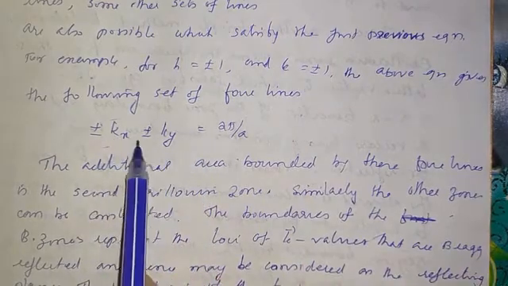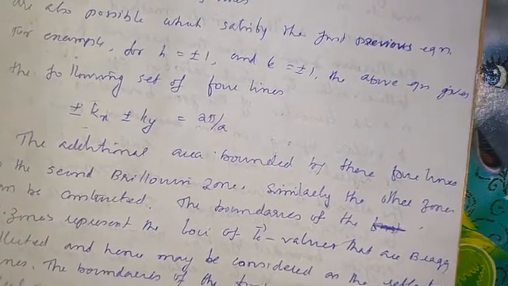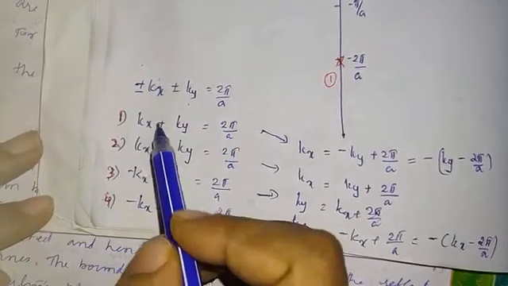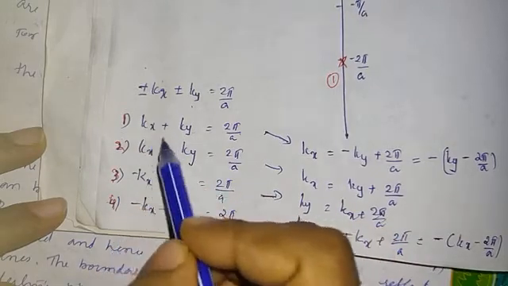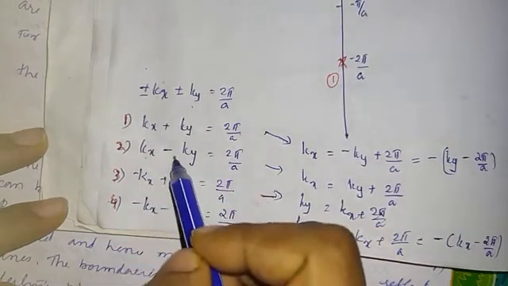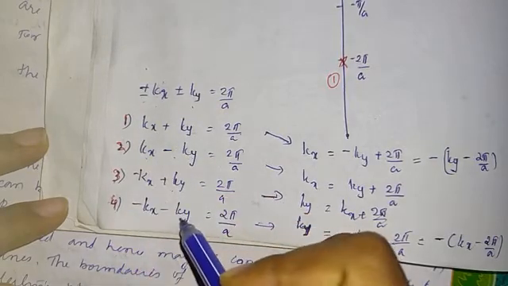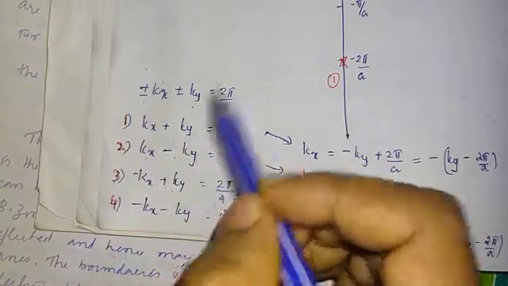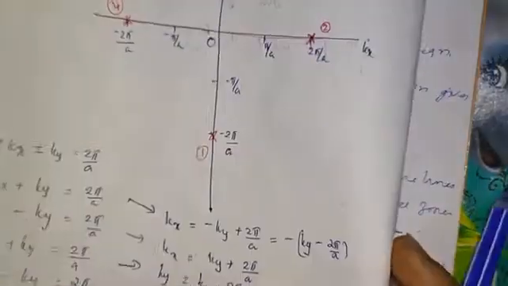So we will get 4 equations from this expression: kx plus ky is equal to 2 pi by a, kx positive with ky negative, and the third one is minus kx plus ky and minus kx minus ky. So these are the 4 equations, and these 4 equations will represent 4 lines in the graph. So we can mark these equations on this graph.